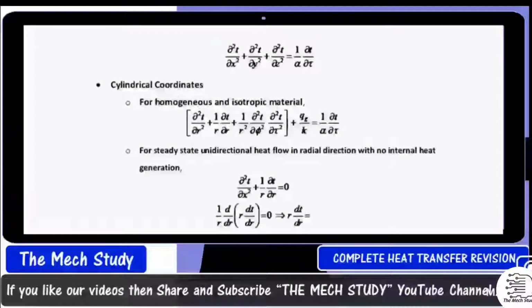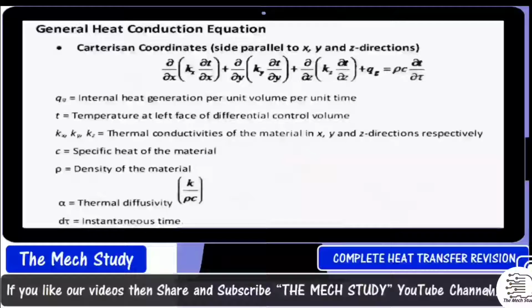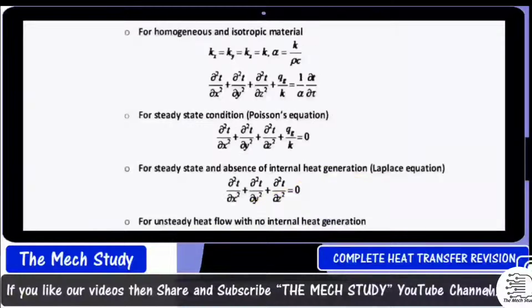You need to remember that from the general condition, conductivity in each direction is kx, ky, kz, and qg is the internal heat generation per unit volume, and ∂T/∂τ is the time dependent phenomenon. If the time is varying, then you need to consider this condition, otherwise it needs to be considered as 0. Whenever the case is applicable, like Poisson's equation or Laplace equation, there are particular terms which need to be zero.